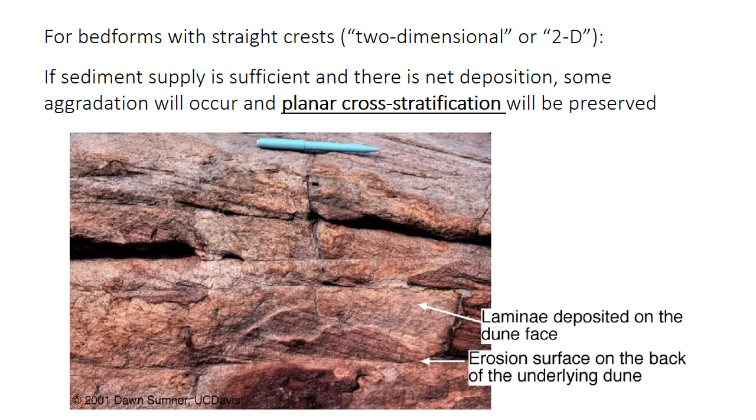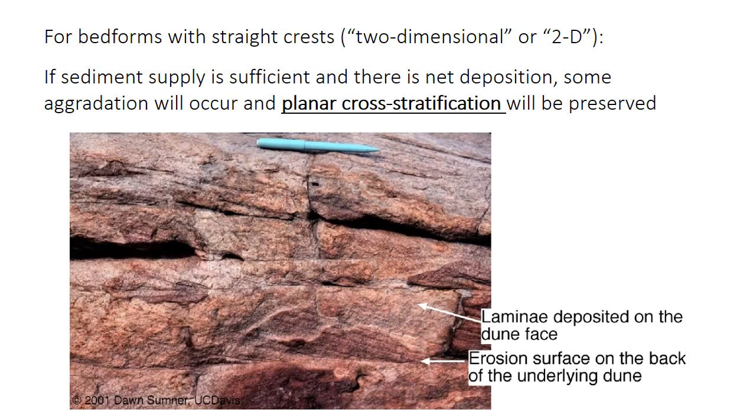So if there is enough sediment supply, and if deposition exceeds erosion, the bed form will aggrade or move upwards, and at least part of the cross-stratification will be preserved. Generally, just the lower part gets preserved as the top part of the bed form gets sawed off by erosion as the bed forms pass over that point.